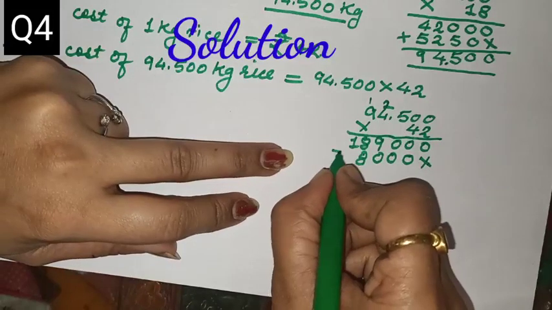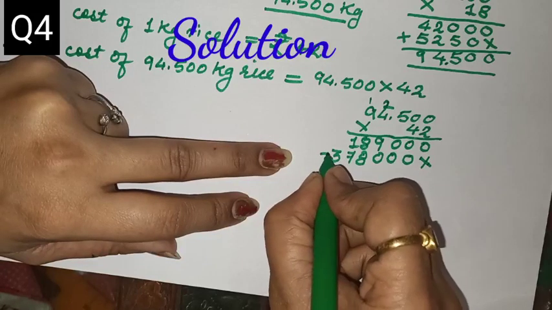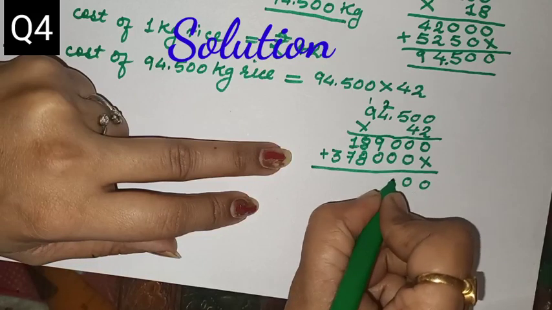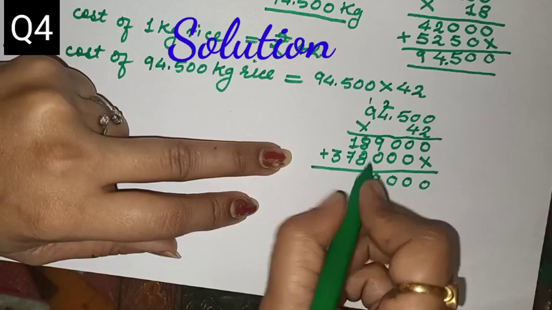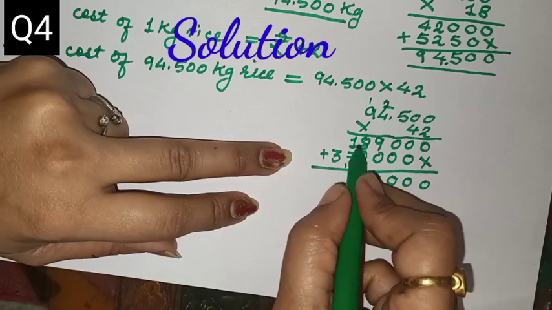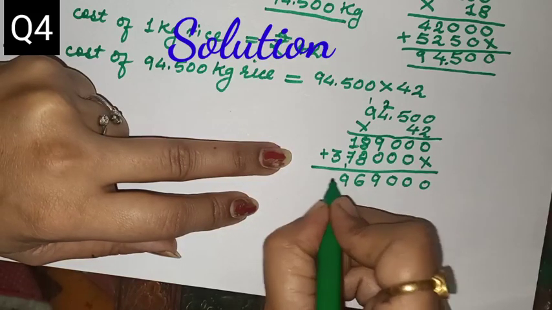It will be 37 here. Let us add. 0, 0, 0, 9. 8 plus 8, 16. 1, 7, 8, 9. And the 3.